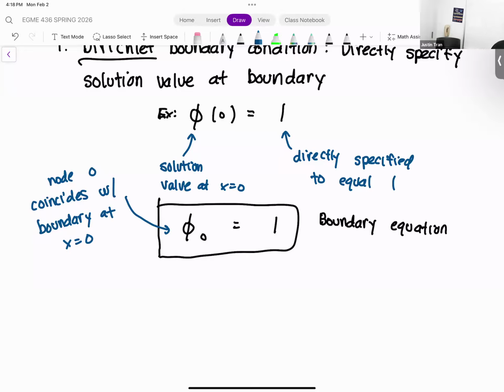But I'm going to do something that might be a little bit strange with this equation. I'm going to expand it to include all the other nodal values in the system within that equation.